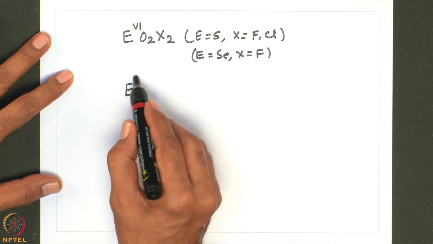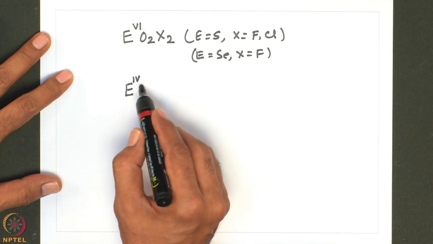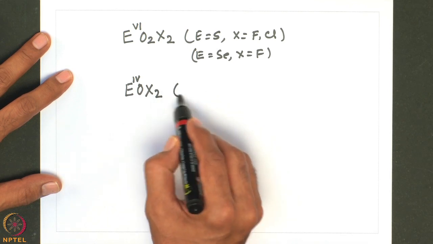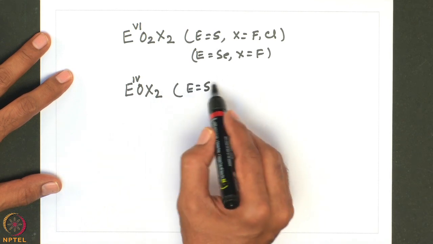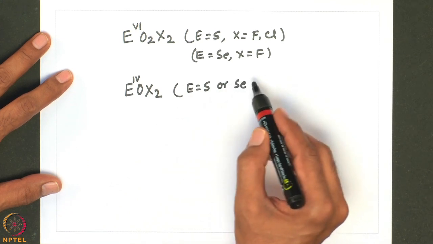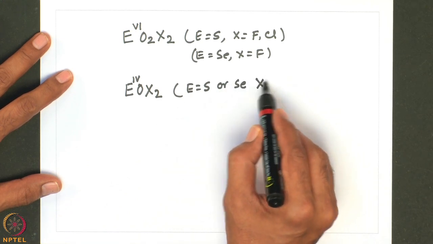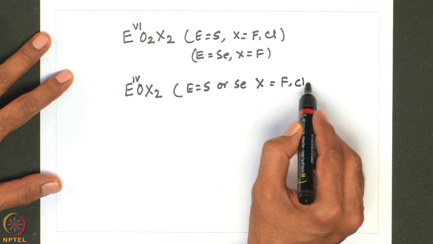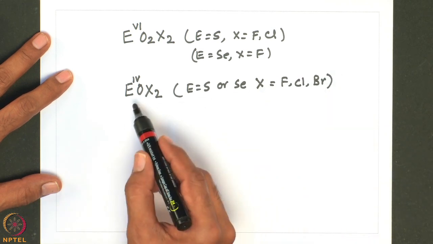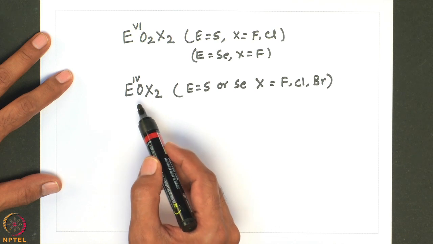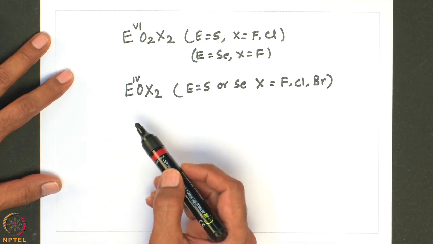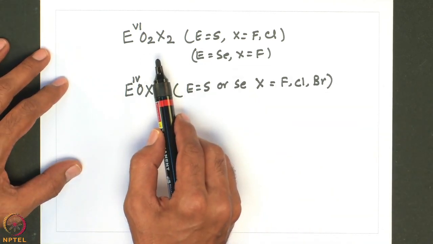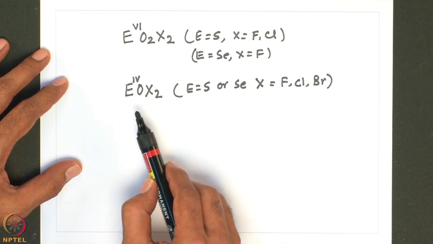Oxychlorides with chalcogen in its 4 oxidation state are also known, they are EOX2, and here again when E equals sulfur or selenium, halides such as fluorine, chlorine and bromine are known. That means SOCl2, SOF2 and SOBr2 are known.